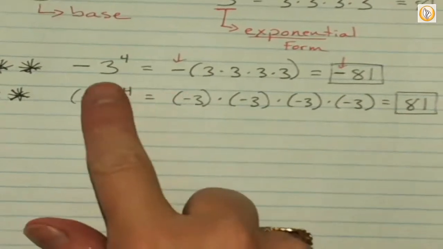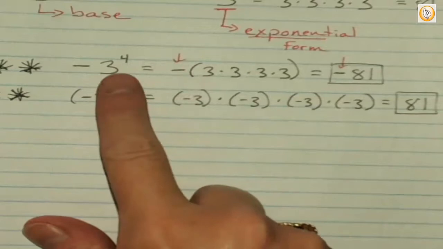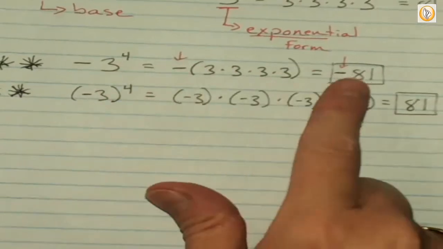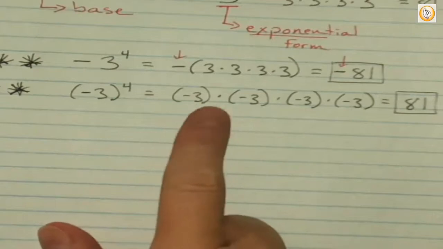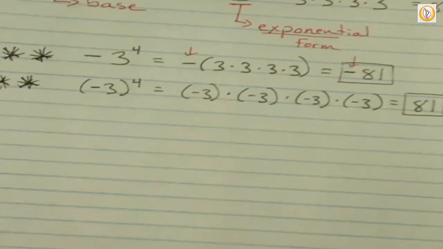With this top one, it doesn't matter the exponent, it's always going to be negative. This one, not always. Good. Any questions so far?